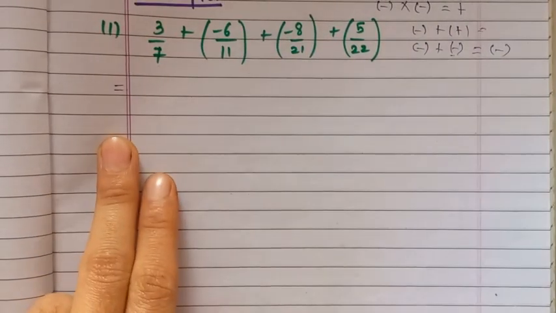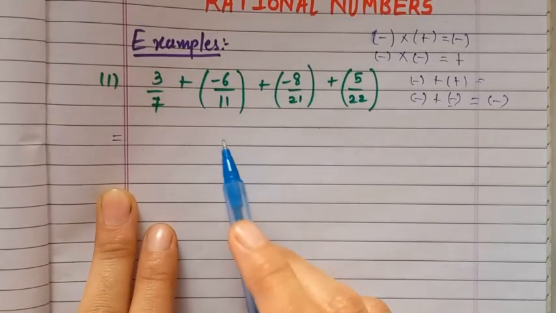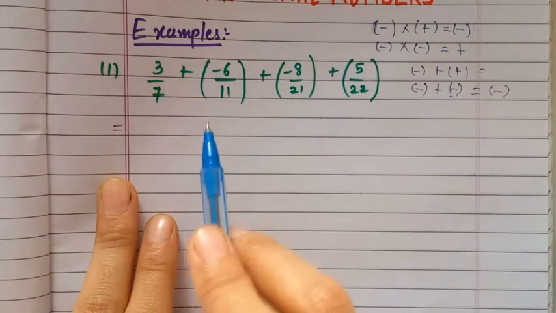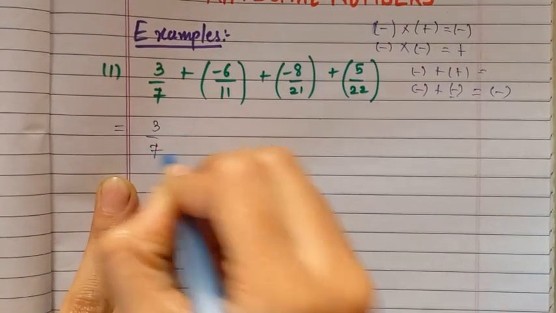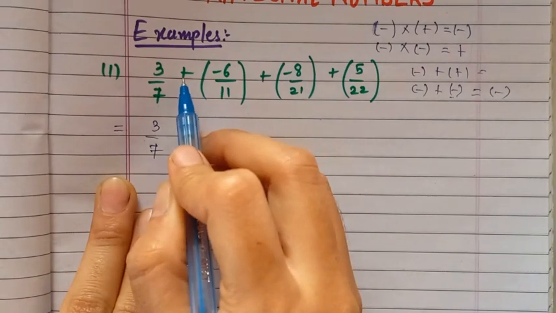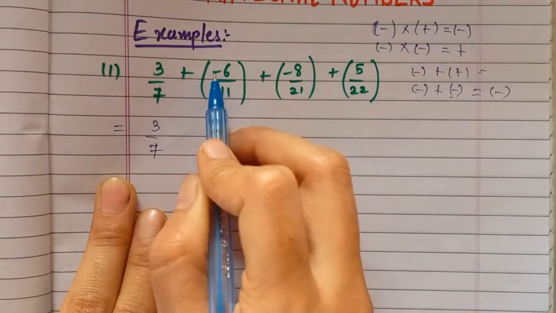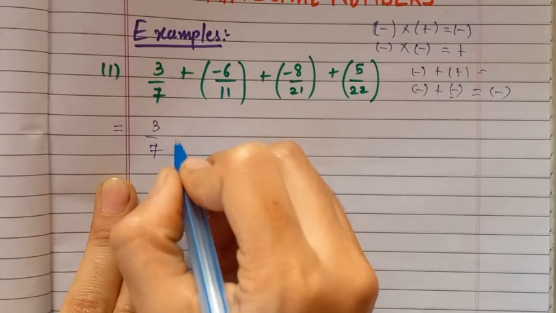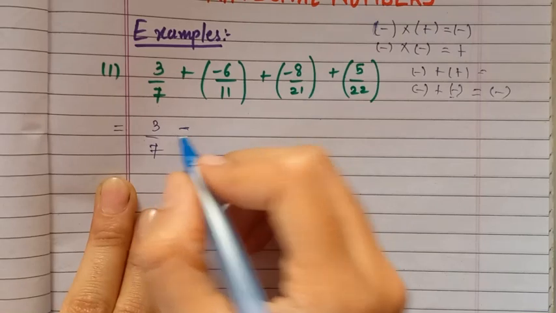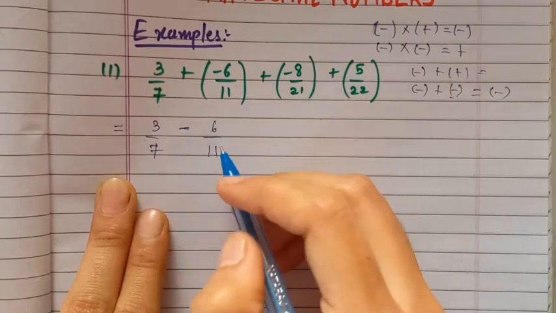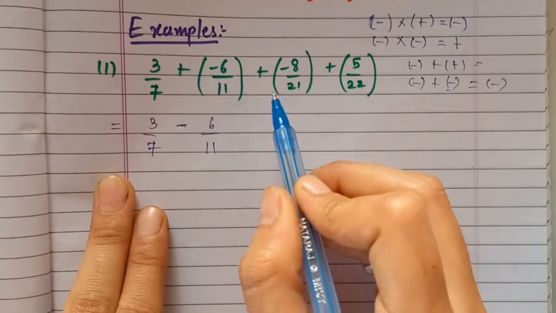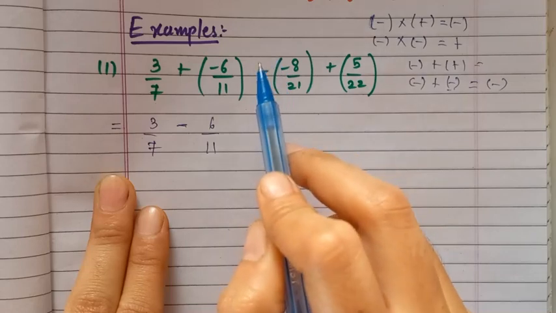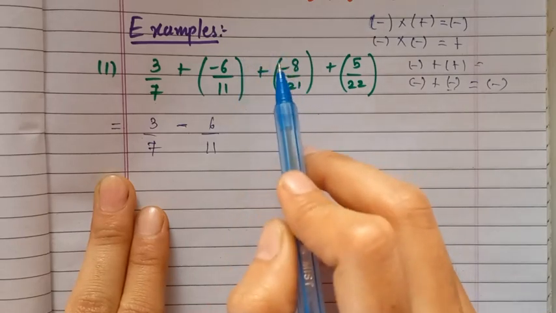So first we remove this bracket. If we remove this bracket, then the sign will be changed. Let's see. This is plus into minus, plus into minus, then it is minus. Minus 6 by 11. Whenever you remove a bracket and outside of the bracket there is a negative sign, then the final sign will be changed.